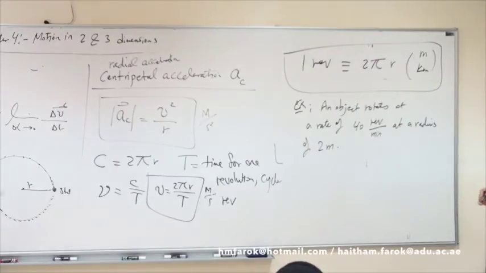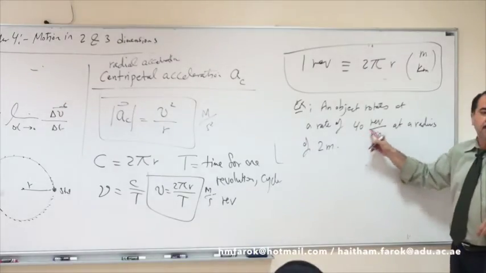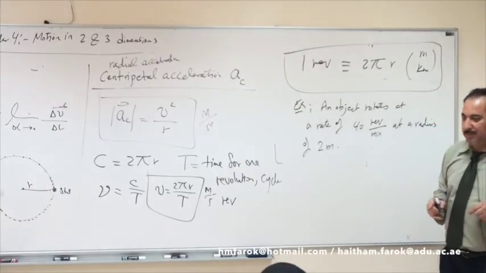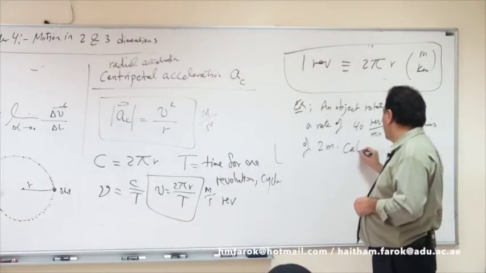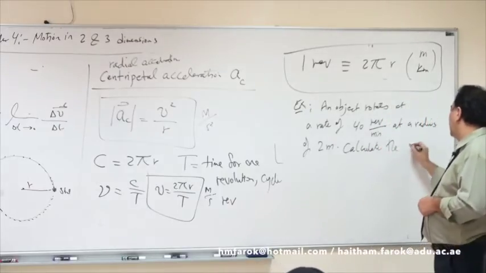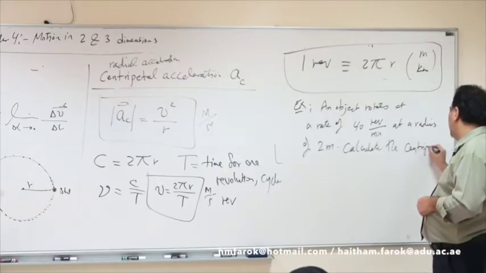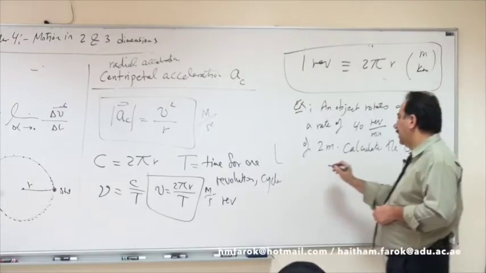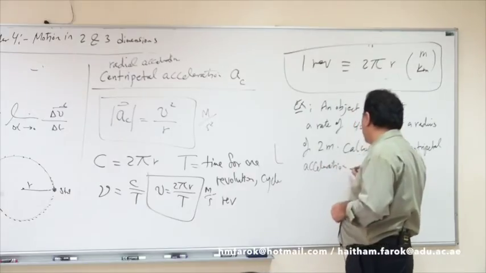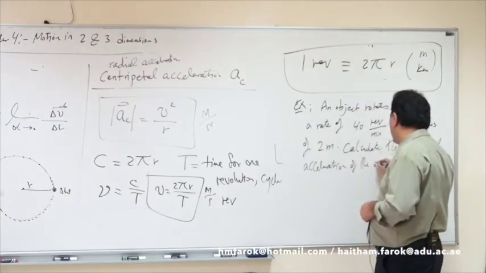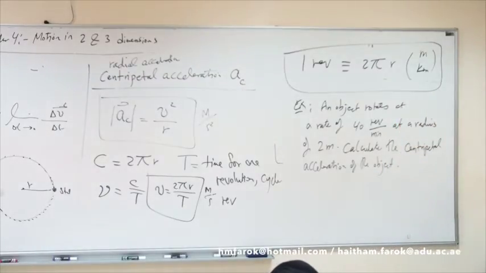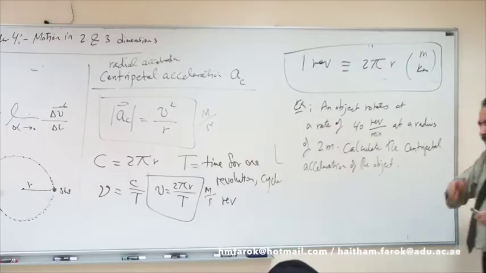An object rotates at this rate, 40 rev per minute, and the radius of this object is 2 meters. Calculate the centripetal acceleration of the object. What's the centripetal acceleration? Right?